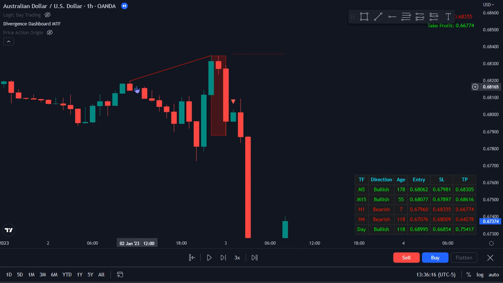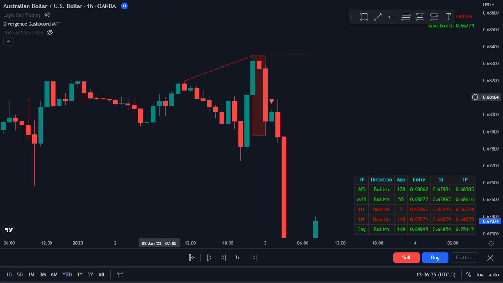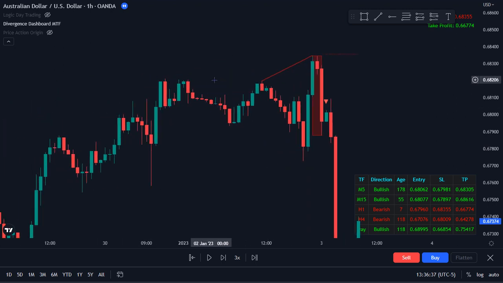Price is going to make a higher high, but the oscillator will not. It will make a lower high, indicating there's a crack in correlation between the two. So many times when we see a high like this with divergence, this is just going to be a stop run, a stop hunt. It's wanting to take any orders, maybe breakout traders or stop losses up here, before it actually shows its real move and moves down.